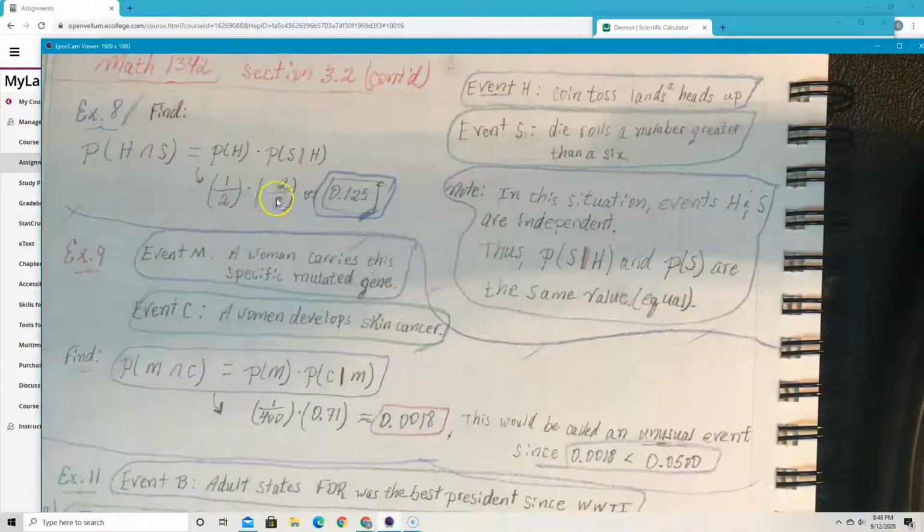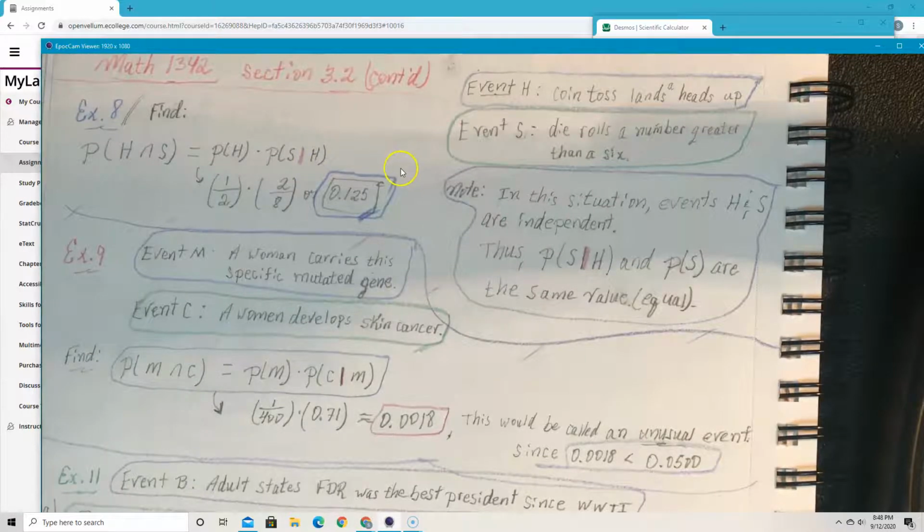I want to mention one more thing here. Notice this conditional probability statement right here: the probability that event S happens, knowing, given, conditioned upon, that we know event H occurred, the coin landed heads up.